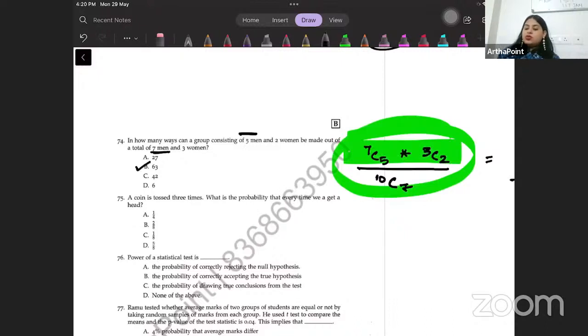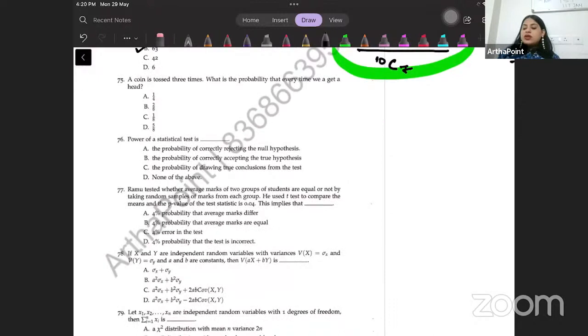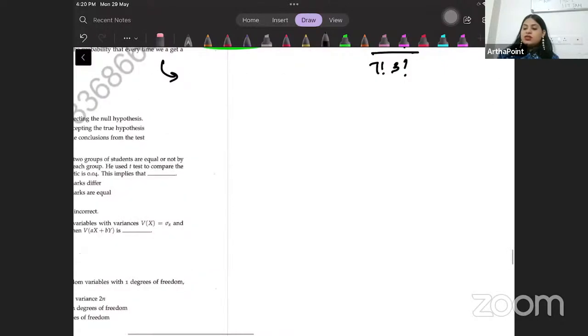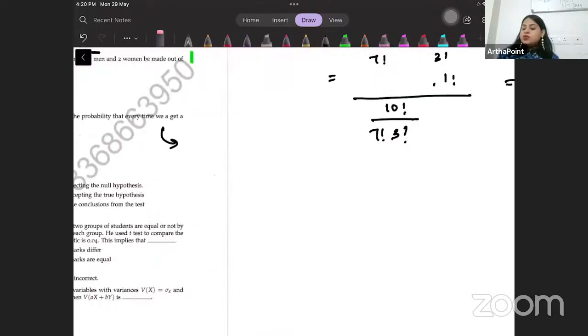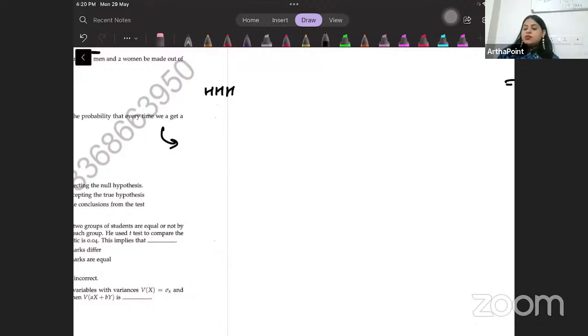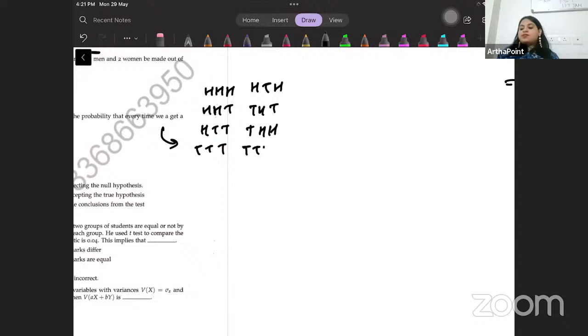Okay, come to the next question. A coin is tossed 3 times. What is the probability every time we get a head? Arey, bahut simple hai. If you remember the sample space, when I toss the coin 3 times, my sample space looks like this: HHH, HHT, HTT, TTT, HTH, THT, THH, TTH.